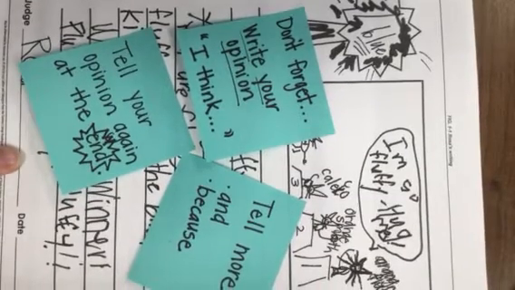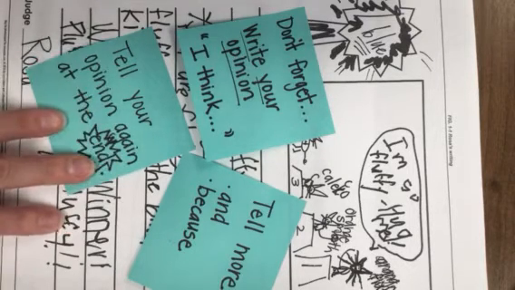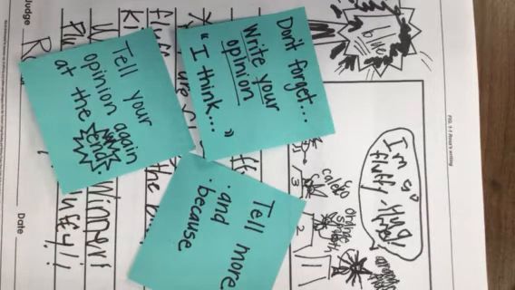All right, now writers, we've taken a look at the checklist so we have a better idea of the parts of an opinion piece. We've taken a look at my friend Rosa's writing, and now it's time to go off and do some writing of our own. Today, I want you to choose something that you think is the best. Maybe the best season of the year.